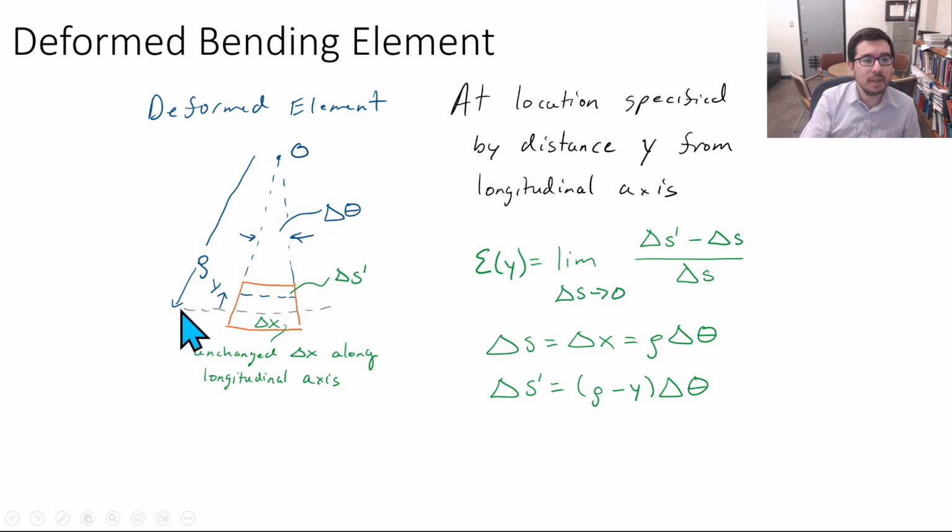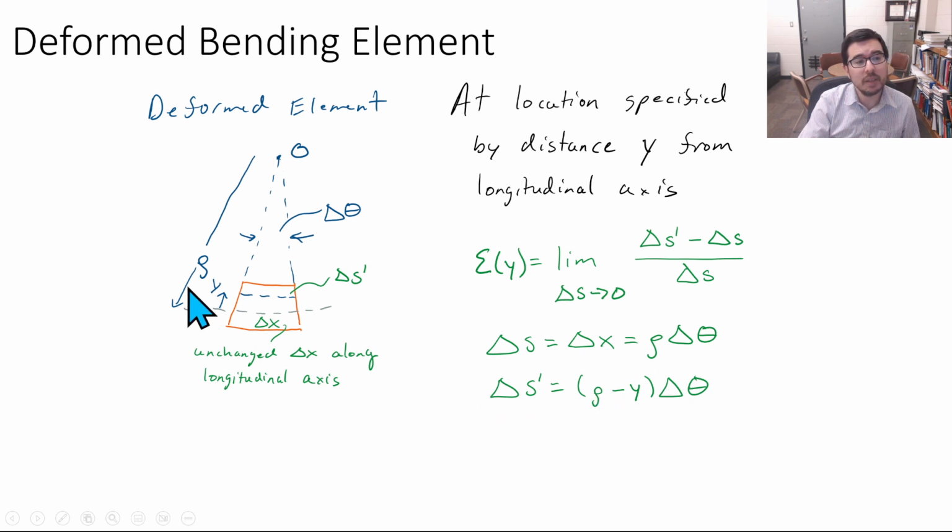Rho times 2 pi would be the circumference of this enormous circle, but these radii are typically much larger than the beam height or thickness. So we have an unchanged delta x, which is equal to rho delta theta, and we have a delta s prime, which is different.